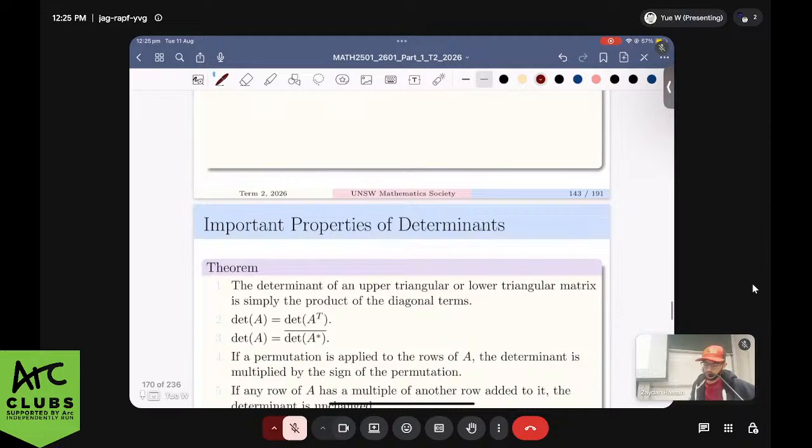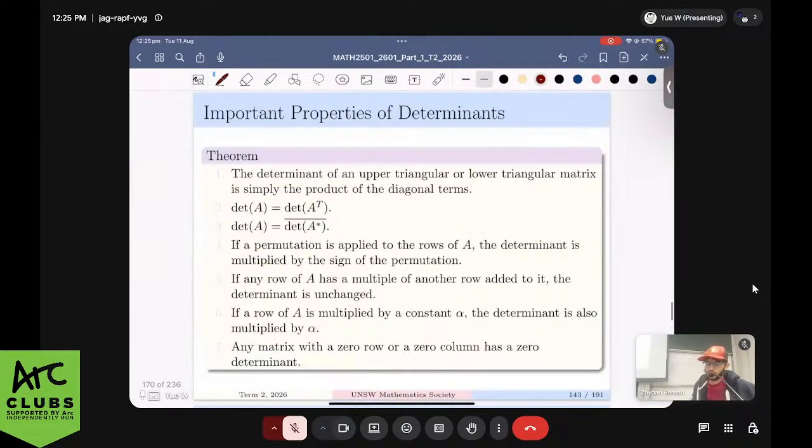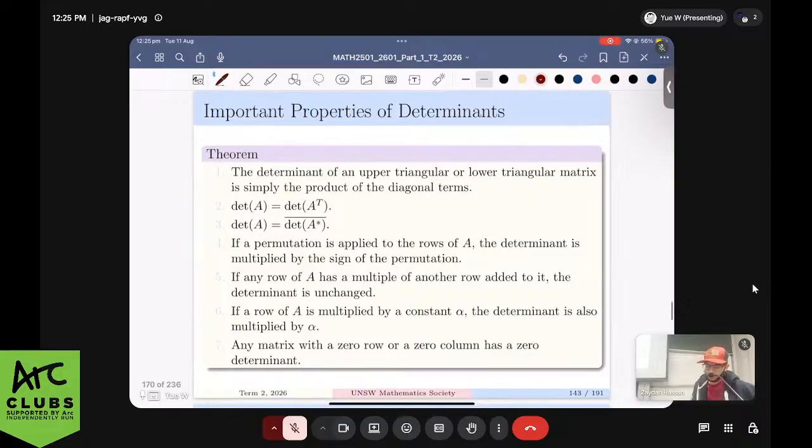Here are some nice properties of determinants. So for an upper triangular or lower triangular matrix, the determinant is just the product of the diagonals. Determinant is transpose invariant. Determinant of A star is the conjugate of the determinant of A. And if you apply a permutation to the rows or the columns of A, the determinant is multiplied by the sign of the permutation. Usual case of that is like if you switch two rows, then determinant negates.